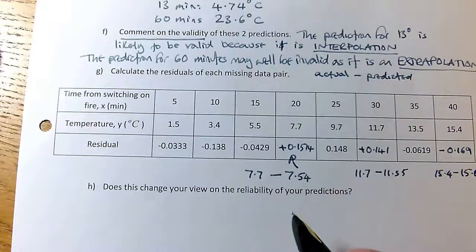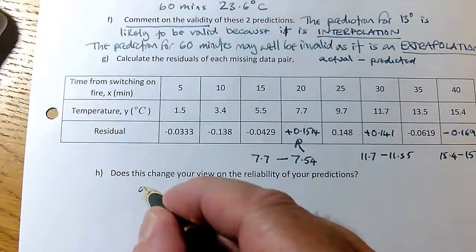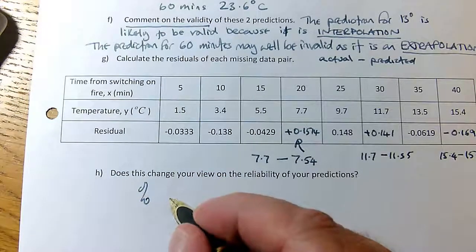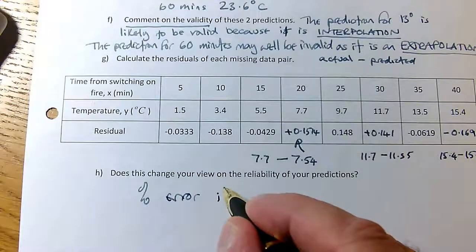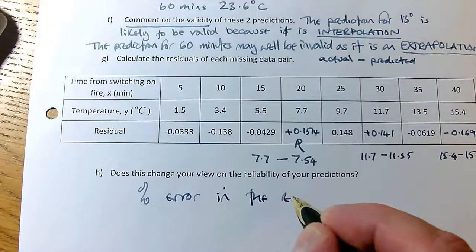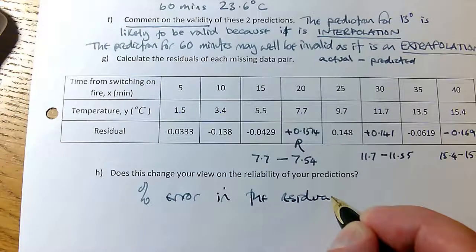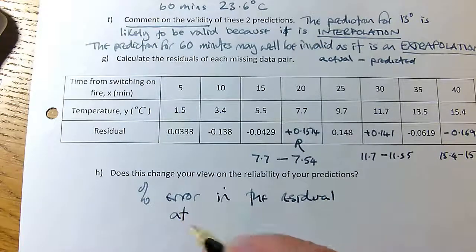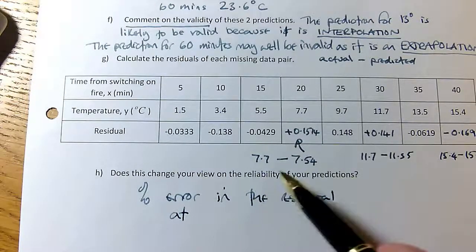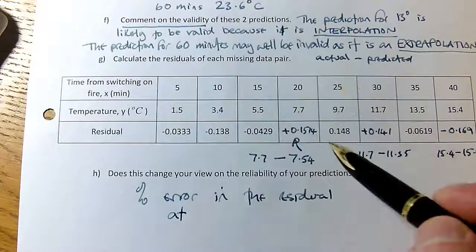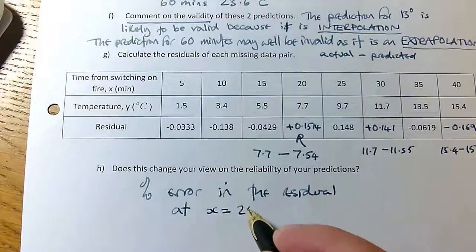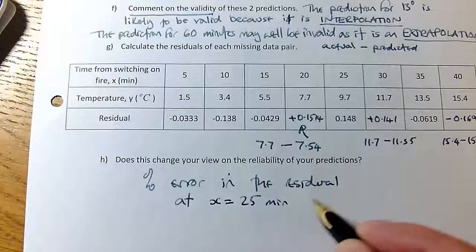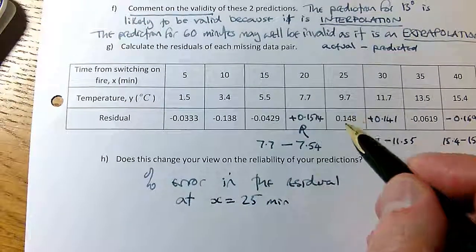So, as an example, the percentage error in the residual, well, let's choose a relatively large residual. So one of our bigger residuals is this one, x equals 25 minutes. Well, the residual tells me the error.